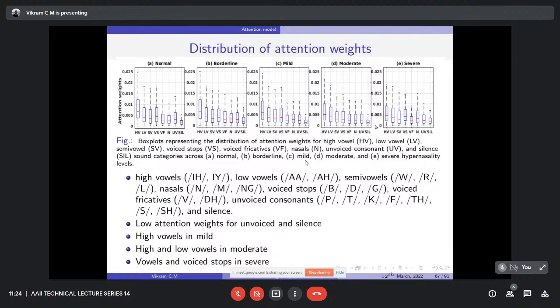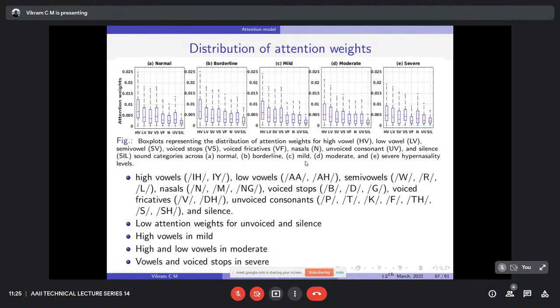Once it comes to severe cases, the attention weights for all the voiced consonants, like low vowels, semi vowels, and voiced stops, all show the highest attention weights. So this shows that the hypernasality information varies along with the severity.